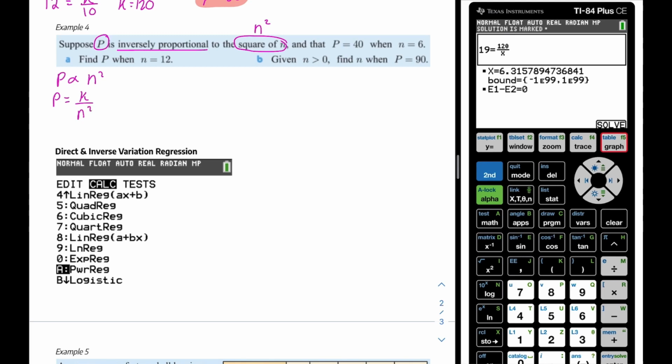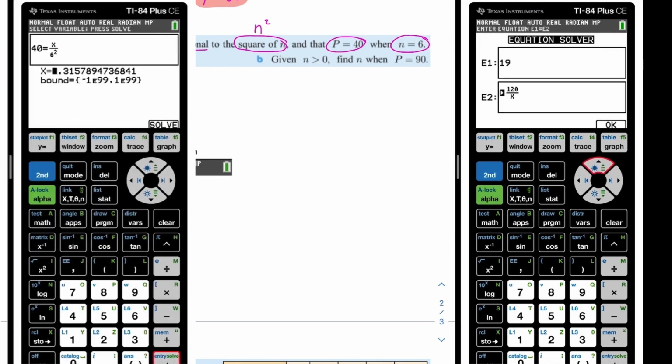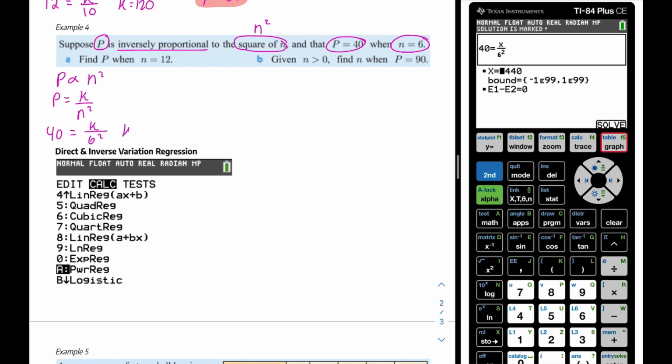I'm going to use the fact that when p is equal to 40, n is equal to 6 to find this value of k. So I have 40 is equal to k over 6 squared. Into my numeric solve, and I'm going to get that this value of k is 1,440. Therefore, the equation that exists between p and n is that p is equal to 1,440 divided by n squared.